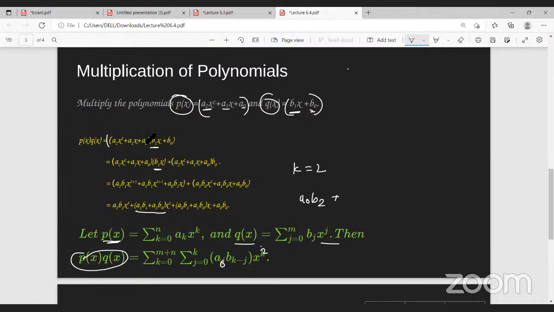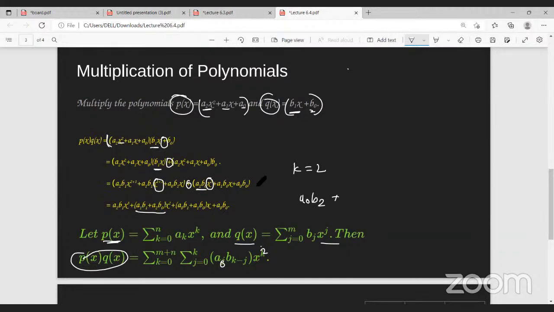Once we are done with the multiplication with individual terms, we need to perform the addition also. In the last step, we are simply adding the coefficients which have the same degree of the variable, like x square here and here also. So we get a1 b1 plus a2 b0.